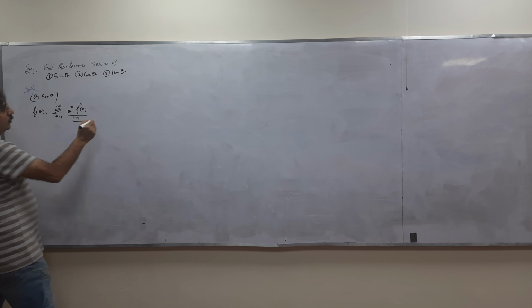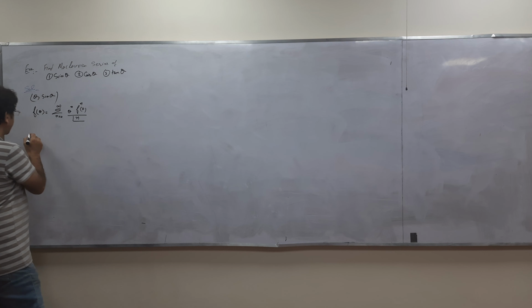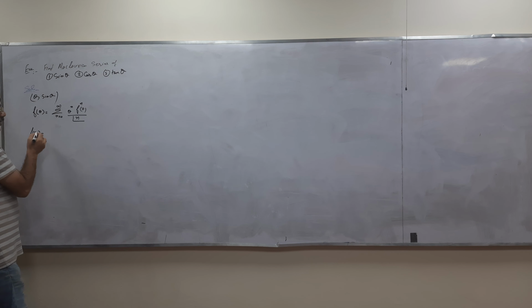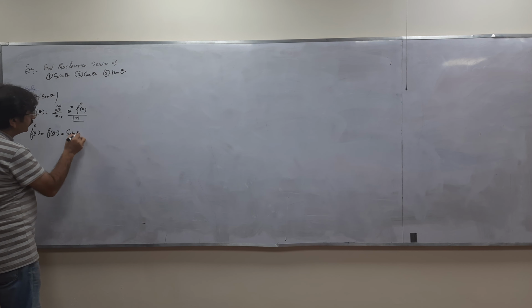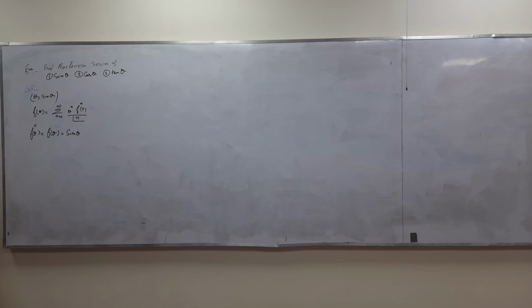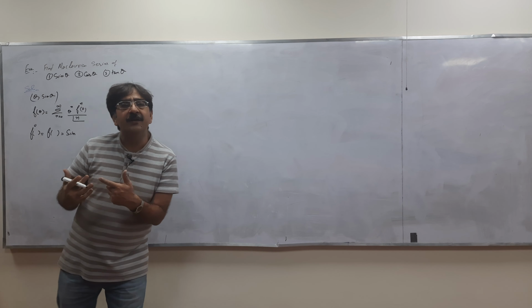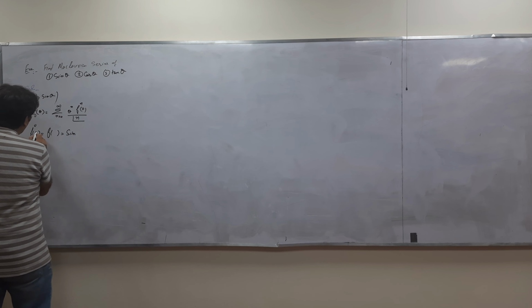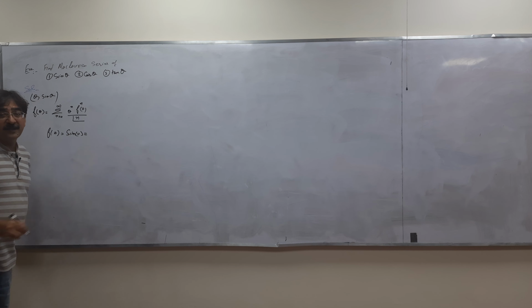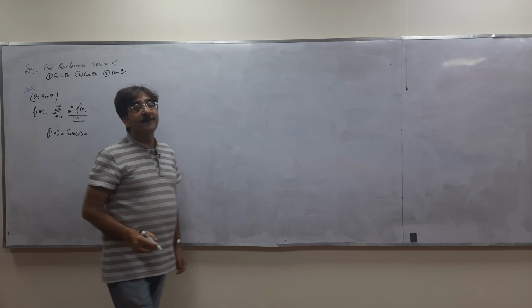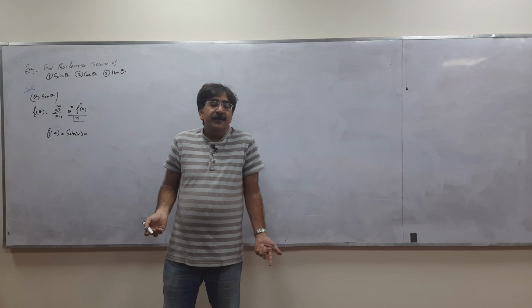What are the different values of f theta? f theta is sine theta. Now you are familiar with this, so we don't need to directly write f theta. I may write f0. f0 is sine 0. Sine 0 is equal to 0.